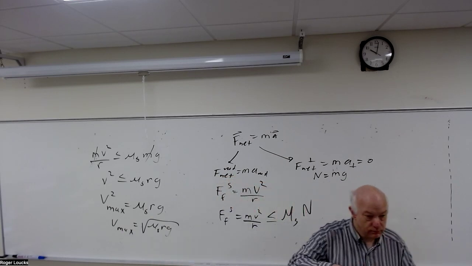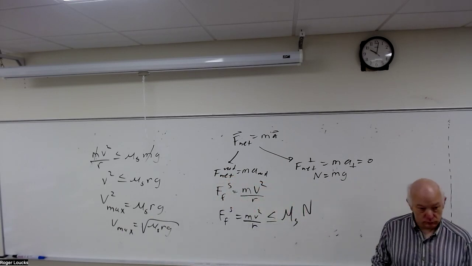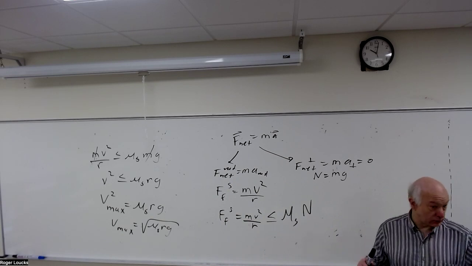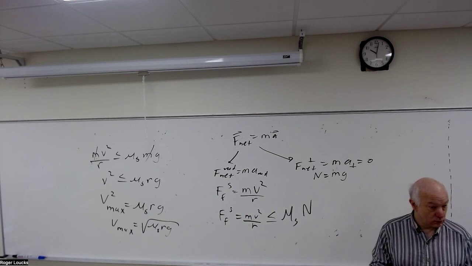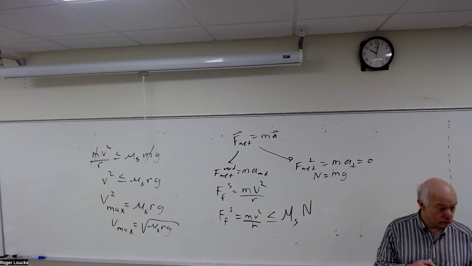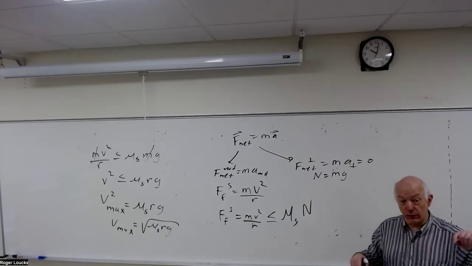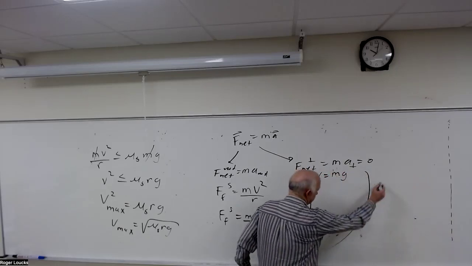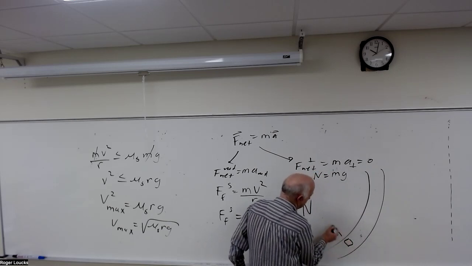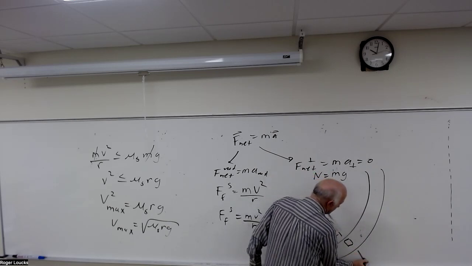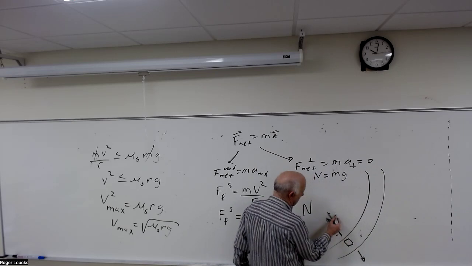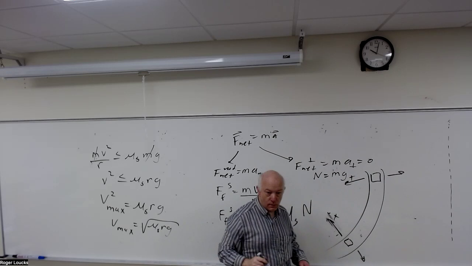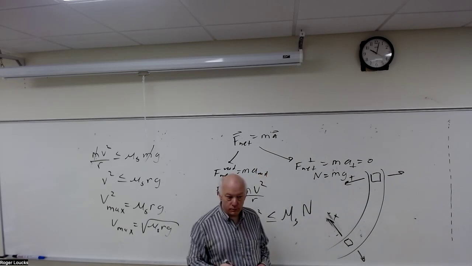Yes, Riley? I don't know if I just missed this, but what's the coordinate? It's always going to be radial and then perpendicular. Would it be the direction that the car is going? No, so the radial is always the radius of the circle. So if your country road is like this, and your car is here, this is the radius. I always make my radial like that, and I take this to be positive.